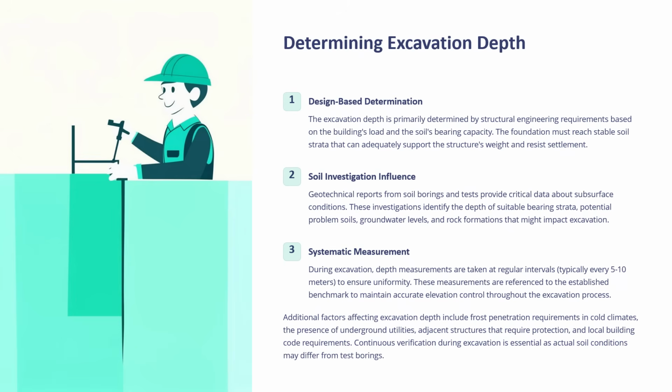The foundation must reach soil strata that can adequately support the structural weight and resist settlement. Second, it also depends upon soil investigation. If the soil investigation has been done for calculating the bearing capacity and other criteria, then the depth may be based upon the soil investigation process.